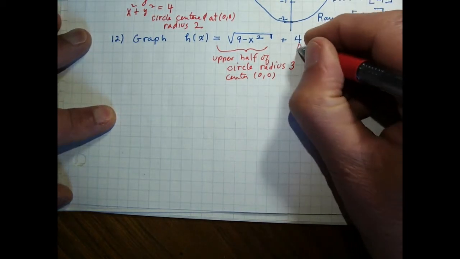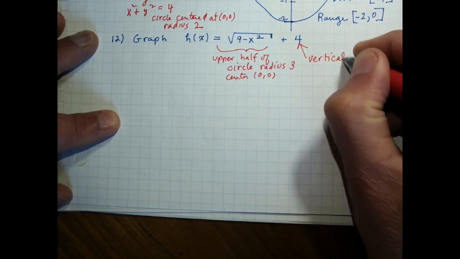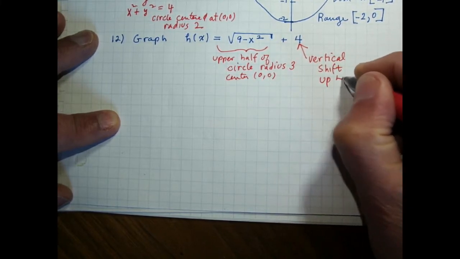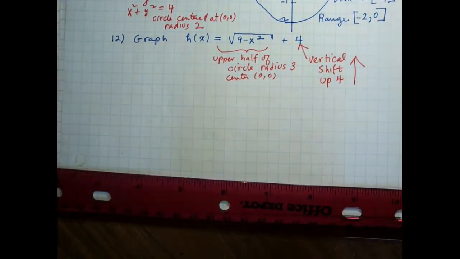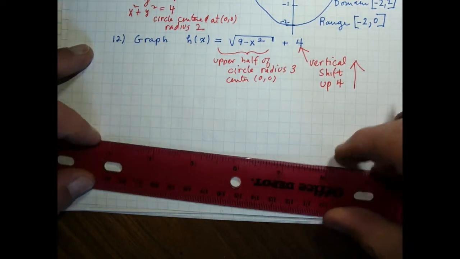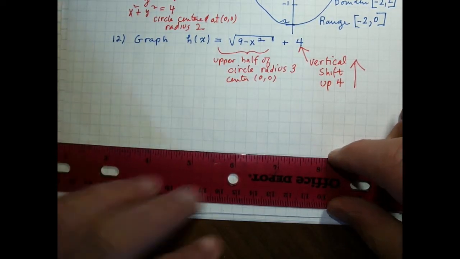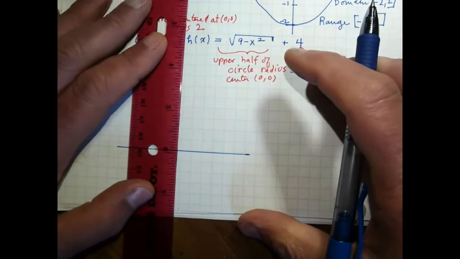And then the plus 4 on the end is a vertical shift of up 4 units. So if I were to graph that, it's still going to be a half circle, but it's going to be raised up a bit.